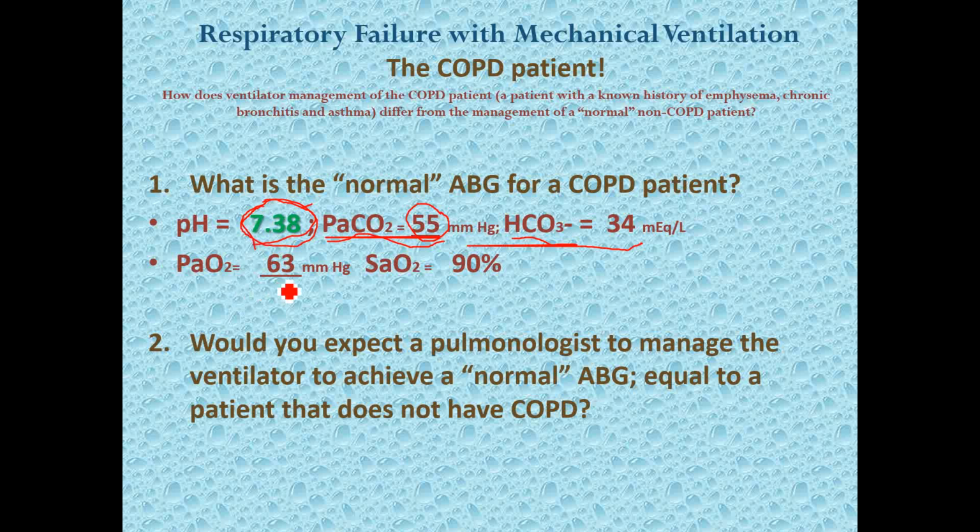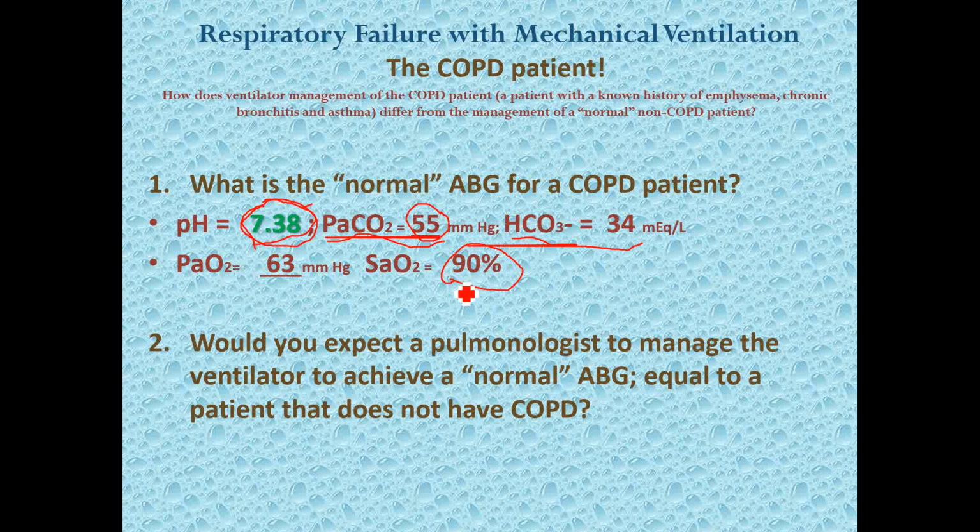Now, we do have to look at the PO2 and the SaO2, and we know that normal is different, even though you learned in J1 and J2 that 90% is bad. Well, not in critical care. In fact, I get on my hands and knees and thank the Lord above that my patient has a 90% SAT.